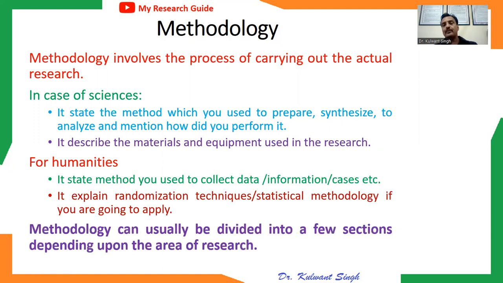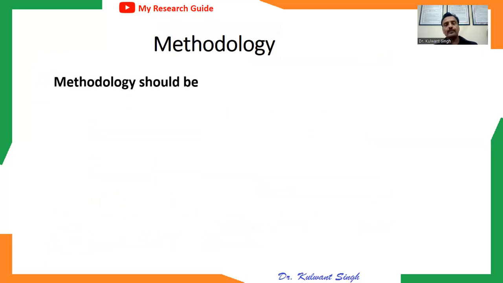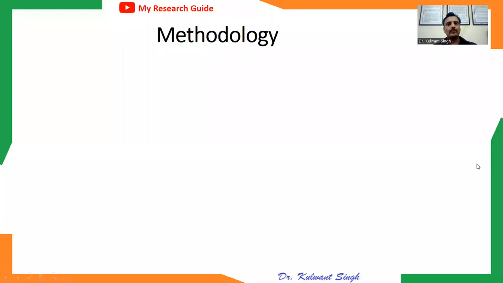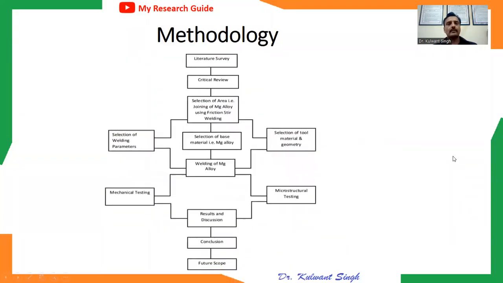So methodology can usually be divided into a few sections depending on the research area. Methodology should be clear, concise, and conclusive. In methodology, you can represent your complete process using a flowchart, beginning from the literature survey to the conclusion, or completion of your research project.